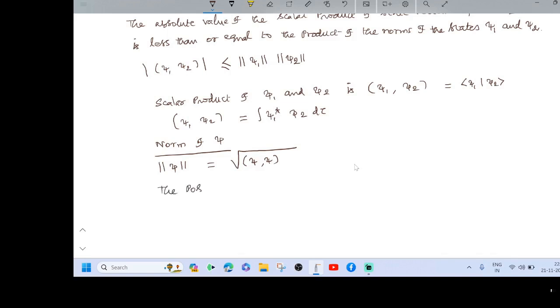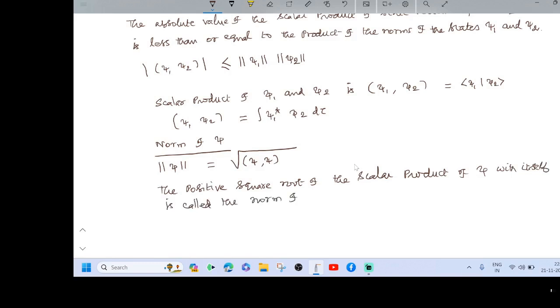The positive square root of the scalar product of psi with itself is called the norm of psi.